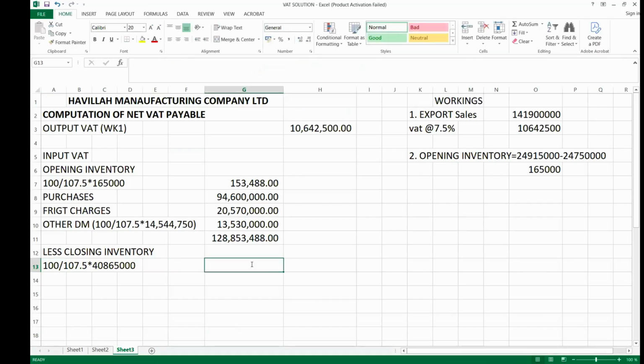That will give us the value for the closing inventory, which is 38,013,953.